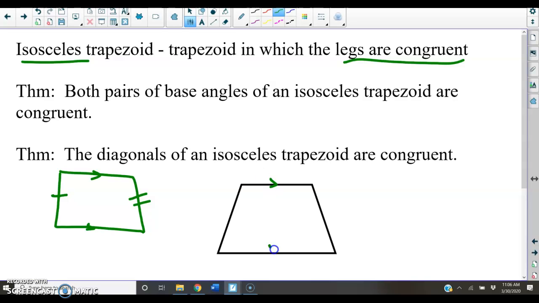Well, if these are parallel, and this is congruent to this, we could put in the auxiliary lines that are perpendicular, and we would have hypotenuse leg. Because this is going to be the same length as this. It has to be if those lines are parallel. So then this angle is congruent to this, corresponding parts.